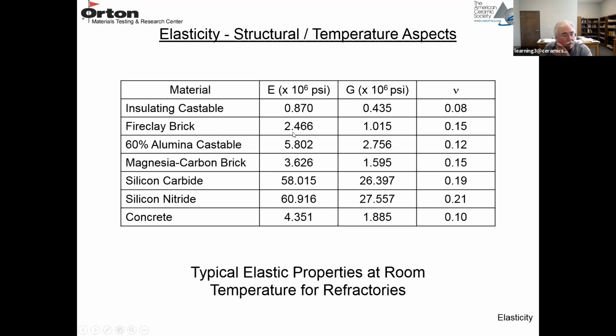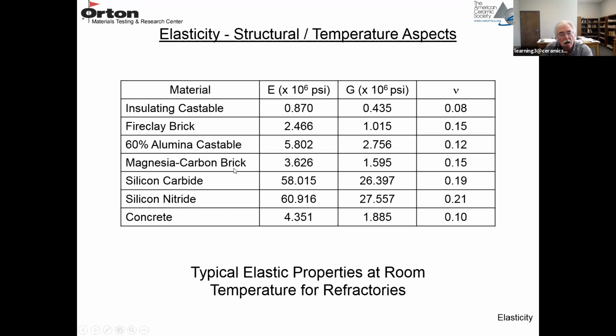The fire clay refractories are generally around 2 to 3 million psi for E, so this one's 2.4, and for G it's about 1, and Poisson's ratio is about 0.15. You get up to a higher strength material, a higher alumina content material, the elastic modulus and the shear modulus go up, 5.8 for E and 2.7 for G, and the Poisson ratio stays in the same range, about 0.12.